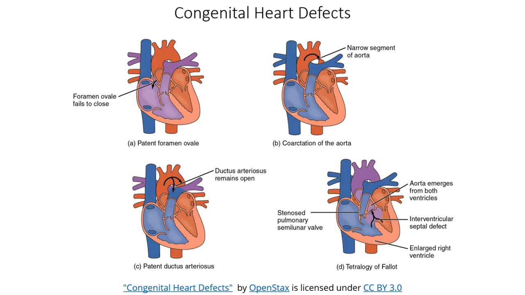There are some congenital heart defects. So a congenital heart defect is something that happens to the heart in utero that causes it to not fully develop properly. And so there are usually going to be potentially openings in the heart, or the vessels are not going to develop properly and stuff like that. And this can obviously cause some issues with the way the heart is functioning.